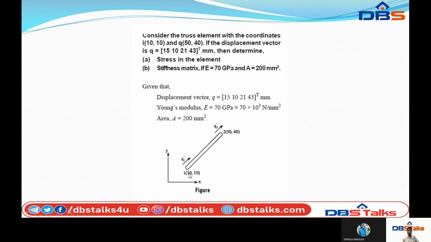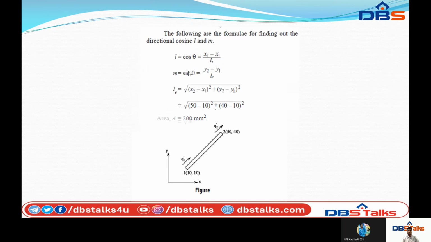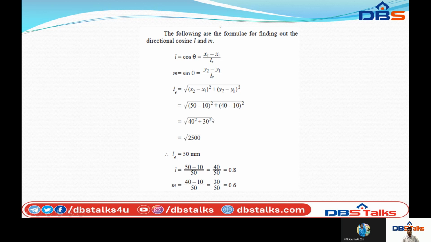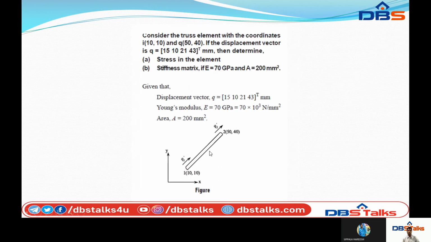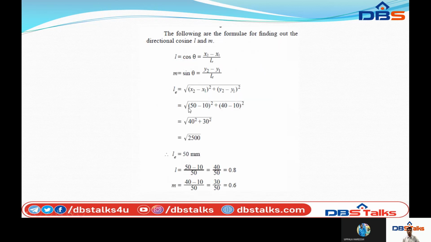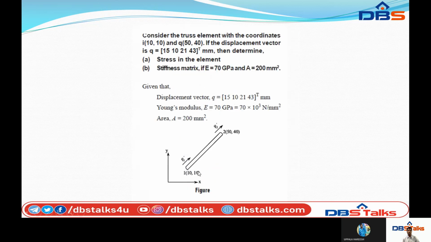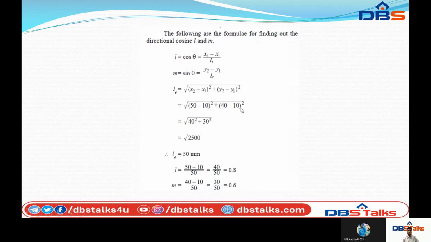The first node is x1, y1, with x1 equal to 10, y1 equal to 10. x2 equals 50, y2 equals 40. So x2 is 50, x1 is 10: square root of 50 minus 10 whole square, plus y2 is 40, y1 is 10, 40 minus 10 whole square. That equals square root of 40 whole square plus 30 whole square.